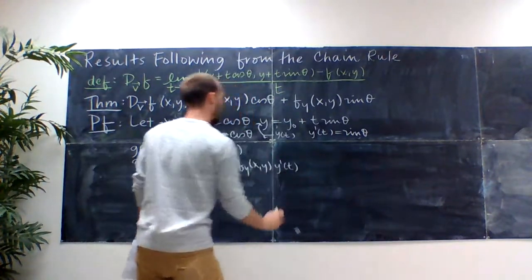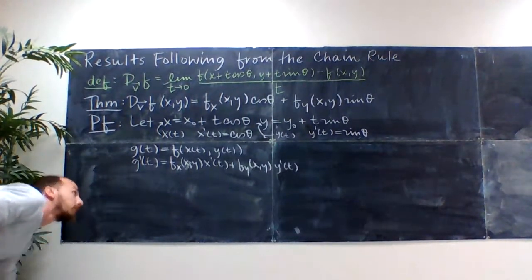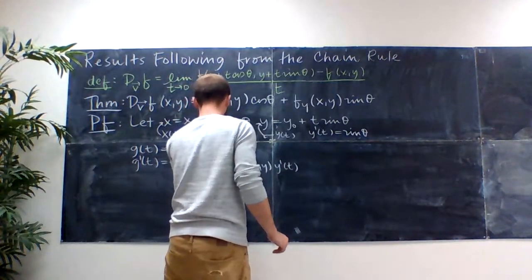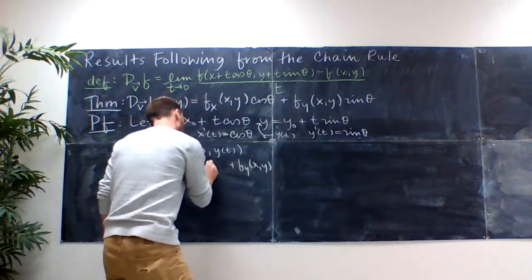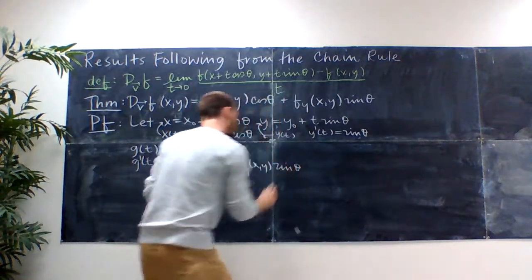But I know what x prime of t and y prime of t are. I just set them up there. x prime of t is cosine theta and y prime of t is sine theta. So I'm going to actually just make that substitution right now.